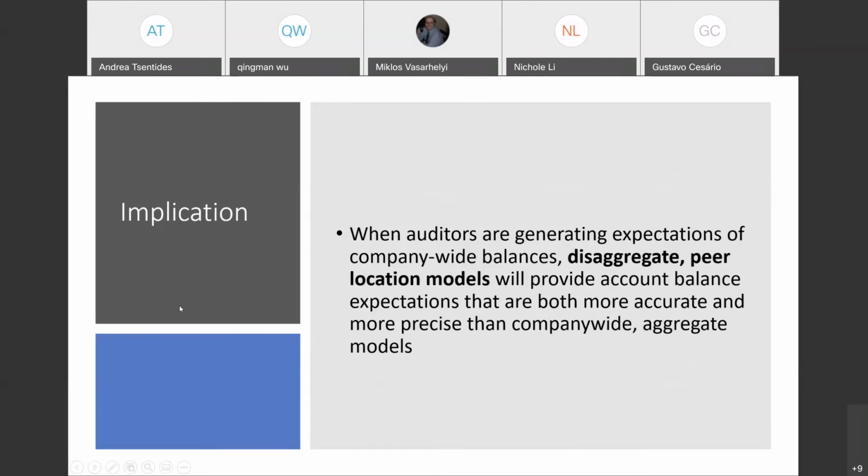What that implies for the auditors is that when they're generating expectations of company-wide balances, disaggregate peer location models will provide account balance calculations that are both more accurate and more precise than company-wide aggregate models. But of course, that comes with limitations.